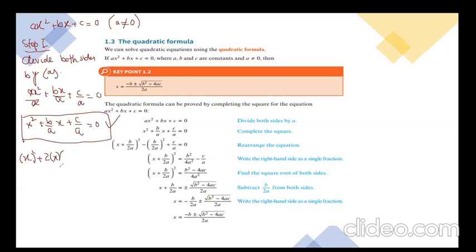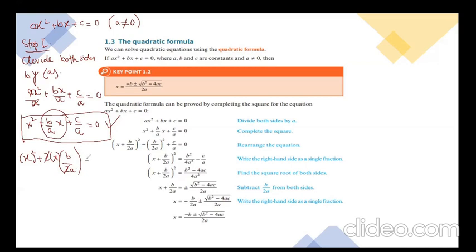So our b must be, or the second variable must be b by 2a. जब हम 2 को b by 2 रखेंगे, इस 2 और इस 2 कैंसिल आउट, तो b by a into x मेरे पास जो वैल्यू आ जाएगी, this is the required value. सो जो मेरा सेकंड टर्म मस्ट बी b by 2a स्क्वायर.